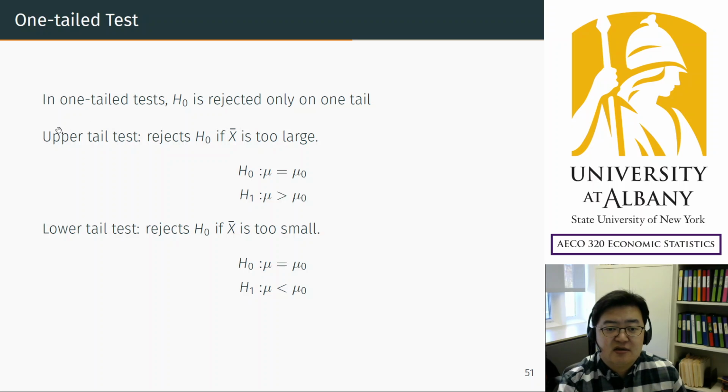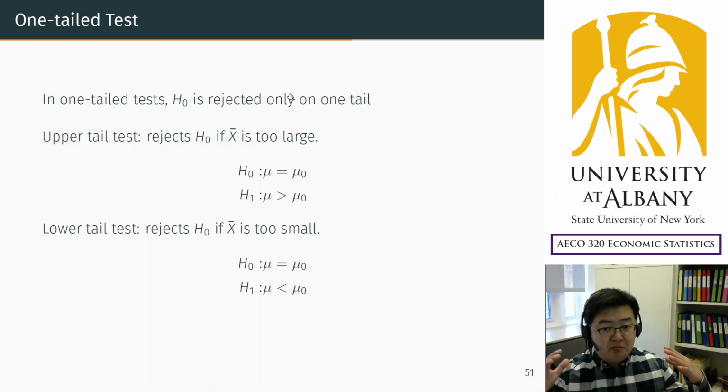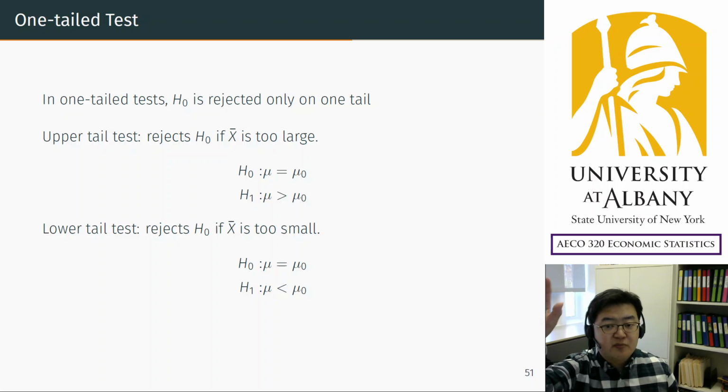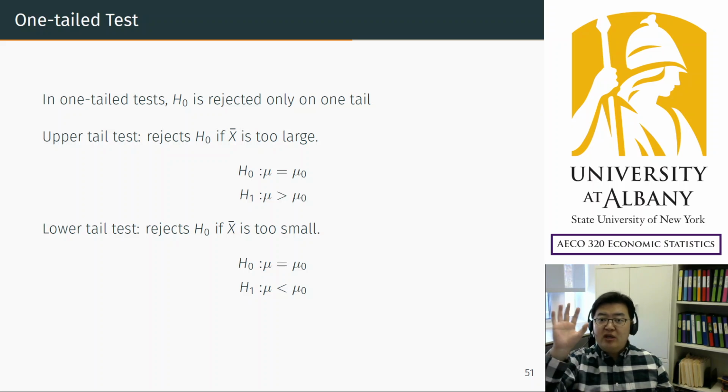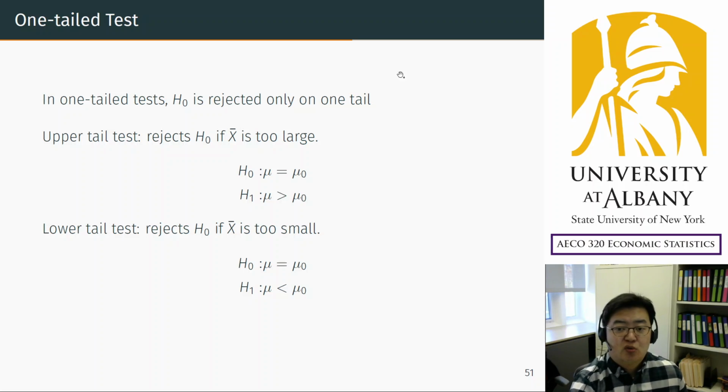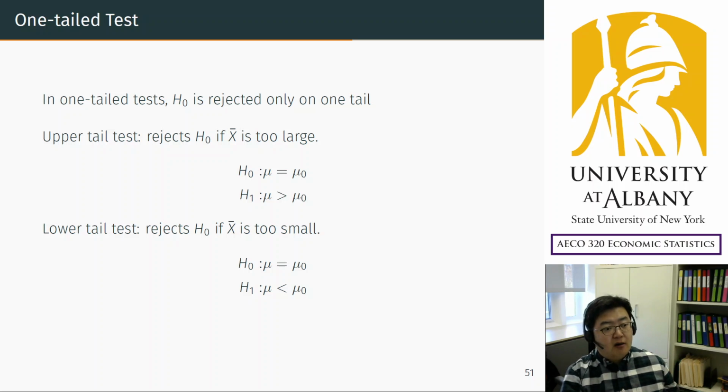An upper tail test means the test where you reject the null hypothesis if the sample average is too large. It must be small, but the problem happens only when it's too large. So you can write it this way. And of course, the lower tail test is symmetric, the opposite. You reject if it's too small, right?